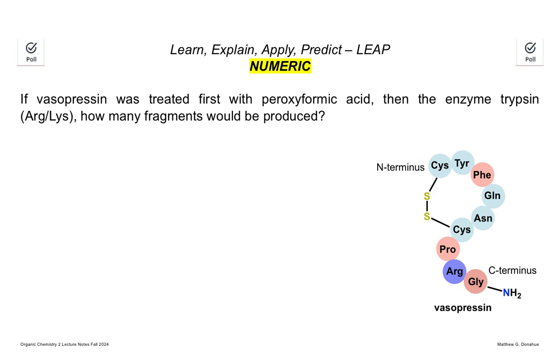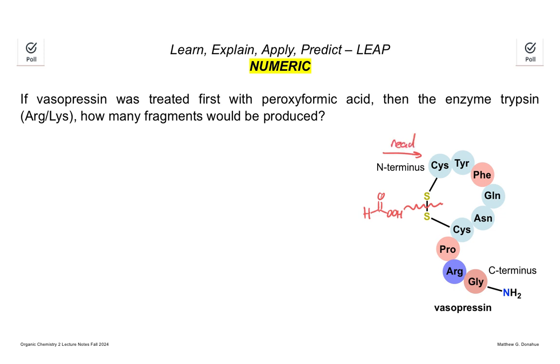So if vasopressin were first treated with peroxyformic acid, so that's going to cleave this. And then the enzyme trypsin, which goes after arg and lysine, the basic residues, how many fragments would be produced? And again, the way we want to interpret this is start from the N-terminus and then read.